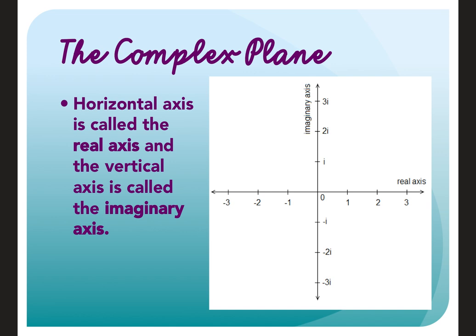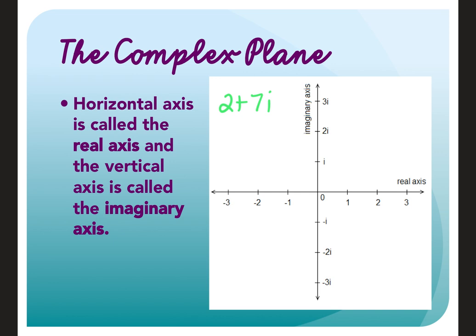And the vertical axis, instead of being called the y-axis, is called the imaginary axis. If you look at the x, they are all regular numbers. But if you look at the y's, these have i's on them, okay? So imaginary being the i's. These kinds of coordinate points will be in the format of something like 2 plus 7i.